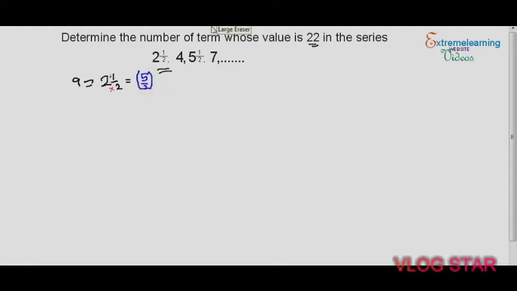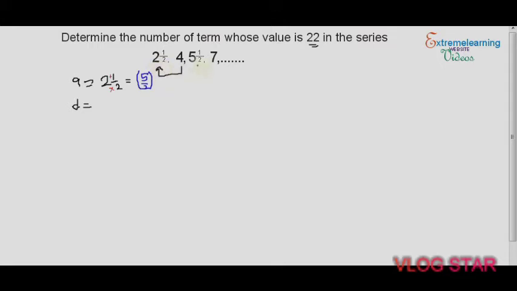Now let's go over to the other one. The second thing we need is what we call the common difference. I told you that in arithmetic progression, you need the first term, you need a common difference, and the question here says you should find the number of terms. I will go to that later. Now what's the common difference here? The common difference is when you subtract this from this.